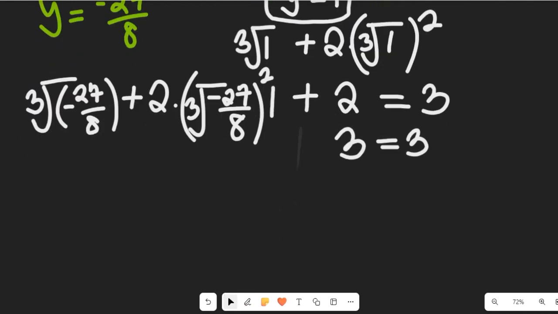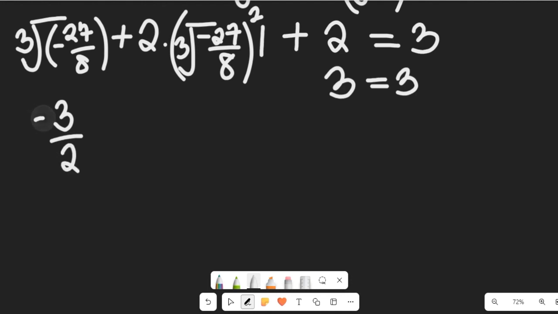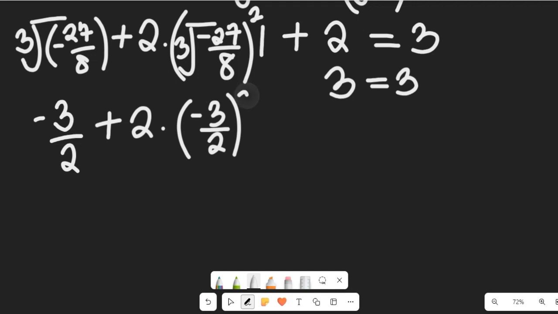If we simplify this, will it give us 3? Let's check. The cube root of 27 is going to give us 3, right? So we'll have 3 divided by, this is going to give us 2. So we'll have negative 3 over 2 plus 2 multiplied by the cube root of negative 3 divided by 2, all squared. Is it going to give us 3?